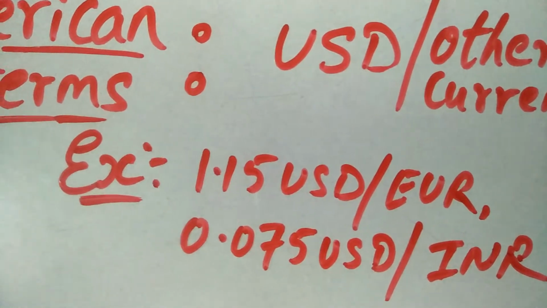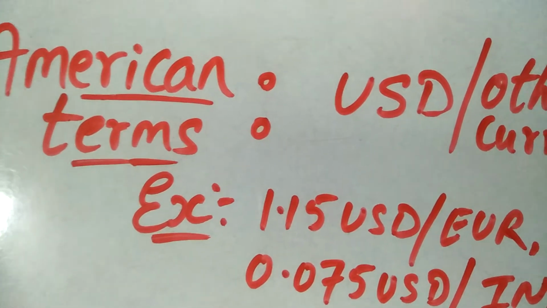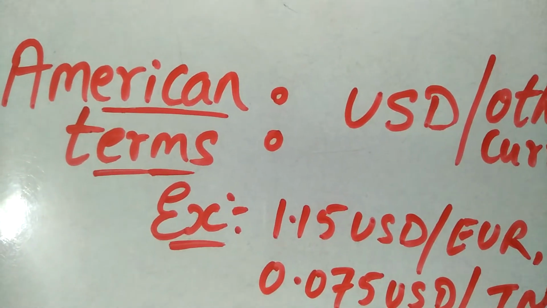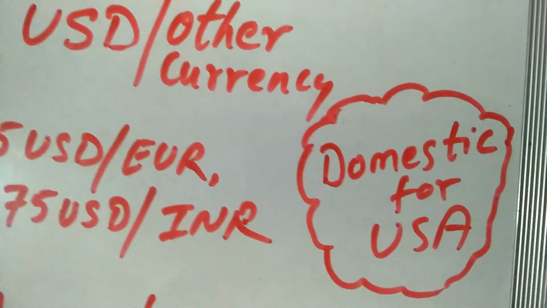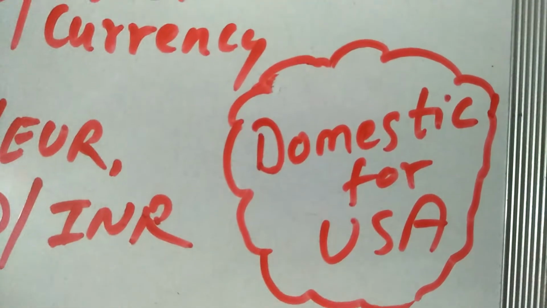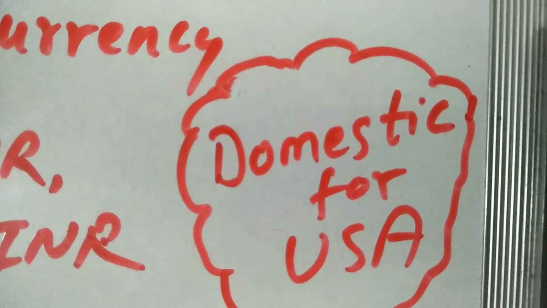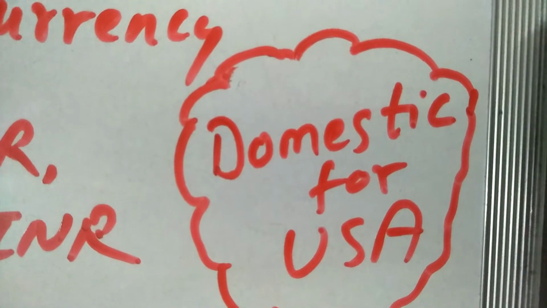Remember one thing. To make it very simple for you, let me give you this technique: American terms is nothing but the direct quote in USA. What does it mean?